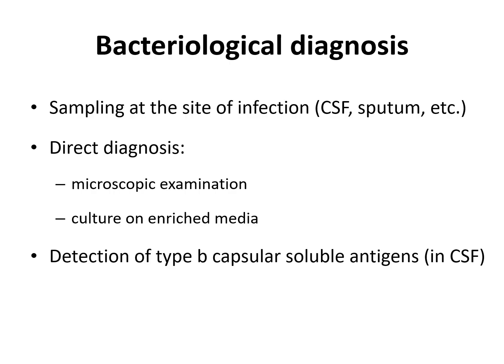The direct diagnosis then involves two main steps: microscopic examination of the sample, which may show the characteristic gram-negative polymorphic bacilli, and culture on enriched media, which must be supplemented with factors X and V to allow the bacteria to grow. Additionally, for suspected meningitis, we can perform a rapid test to detect type B capsular soluble antigens directly in the CSF.